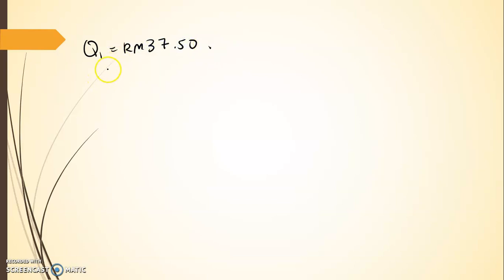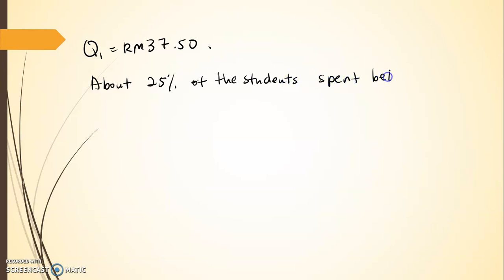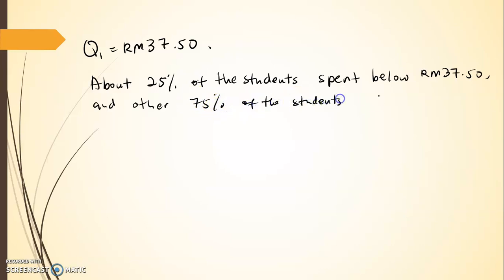So this value means about 25% of the students spend below 37 ringgit 50 cent, and the other 75% of the students spend more than 37 ringgit 50 cent.